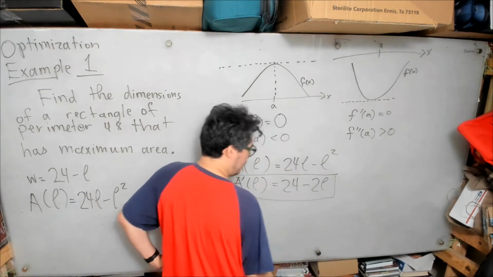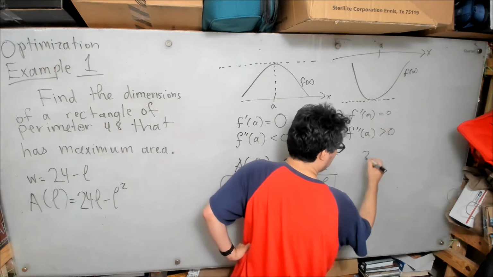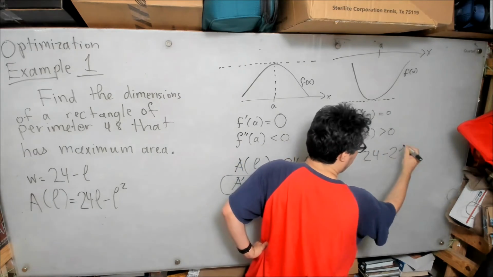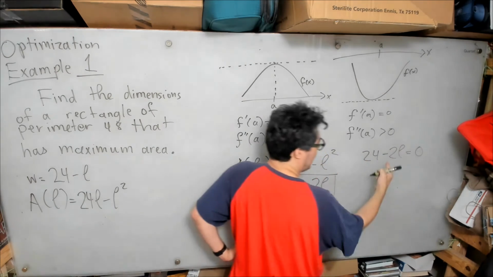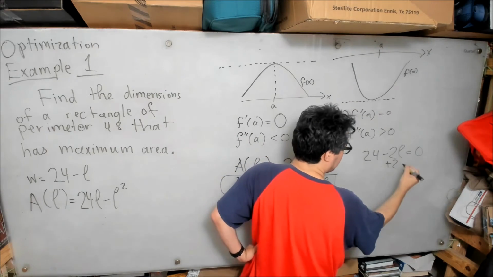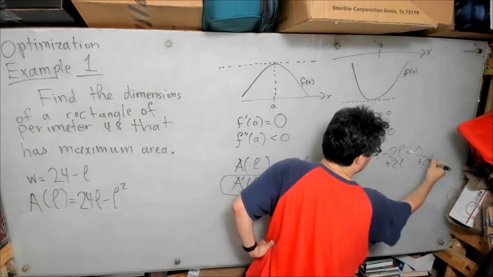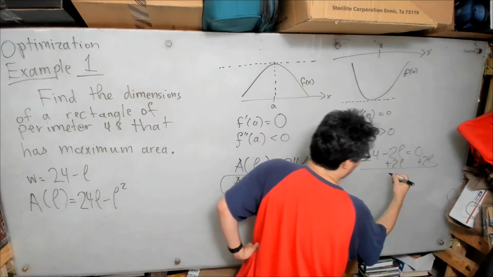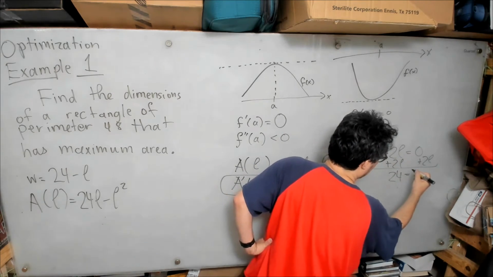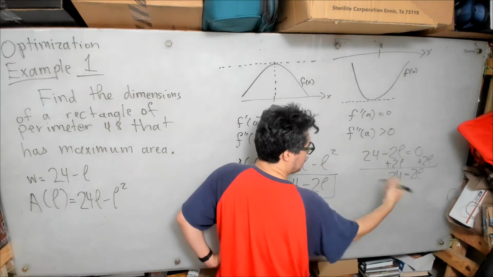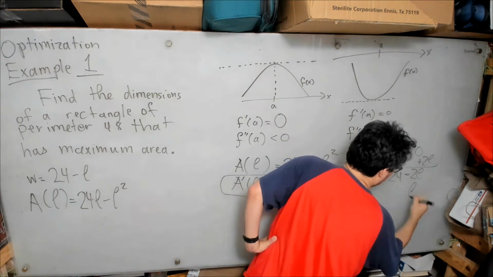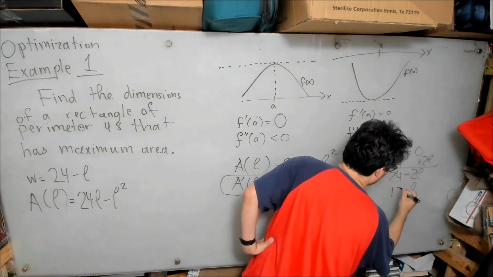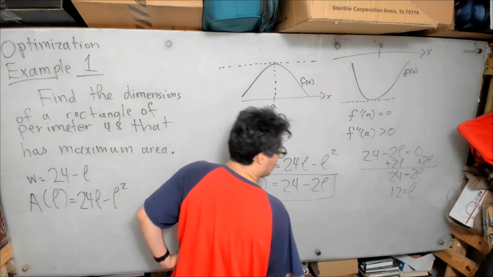And we can see that if we set that equal to 0, 24 minus 2L equal to 0, I can add the 2L to both sides here. And I get that 24 is equal to 2L. Then I divide both sides by 2, and I get that L is equal to 12, like this. Okay?